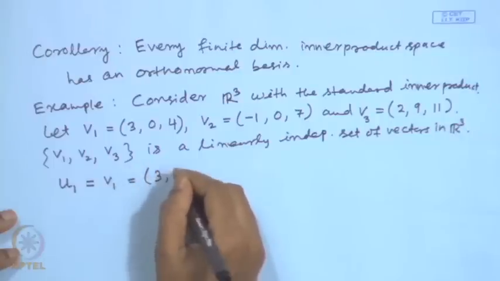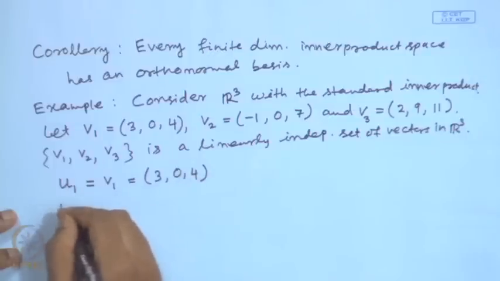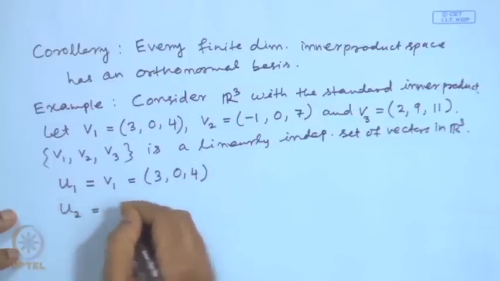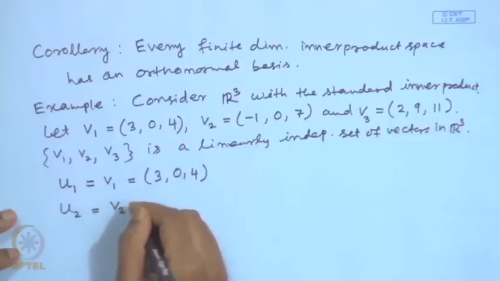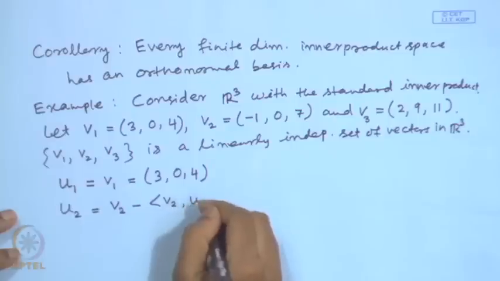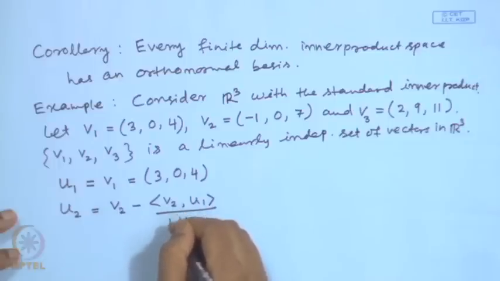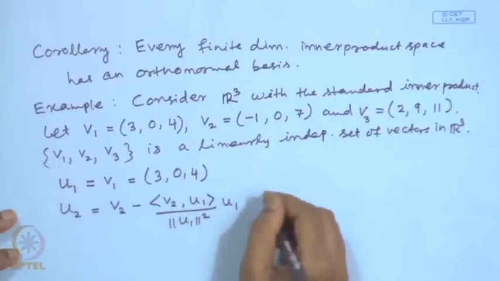So, applying the Gram-Schmidt orthogonalization process, we first take U1 to be the vector V1, that is (3, 0, 4), and U2 will be V2 minus the inner product of V2 with U1 divided by norm U1 square multiplied by U1.